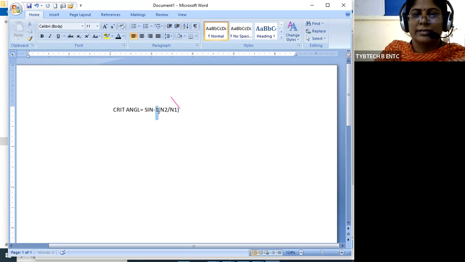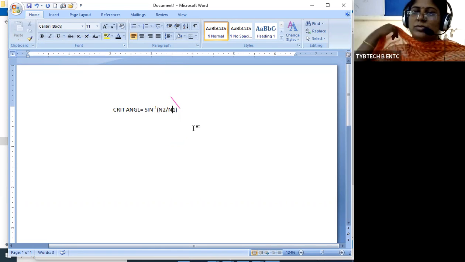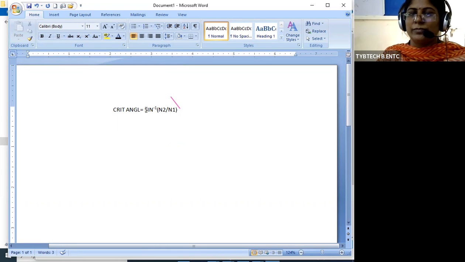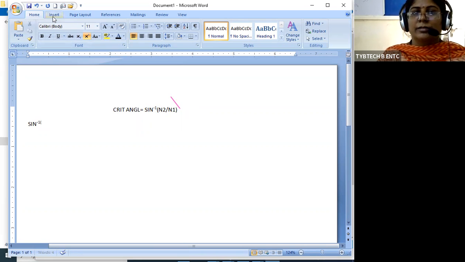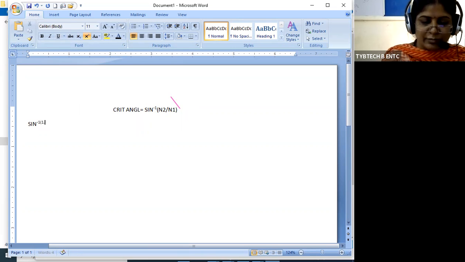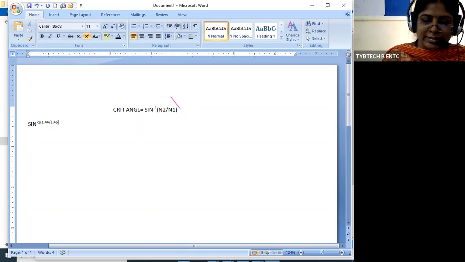So it will come as sine inverse of 1.44 divided by 1.46.